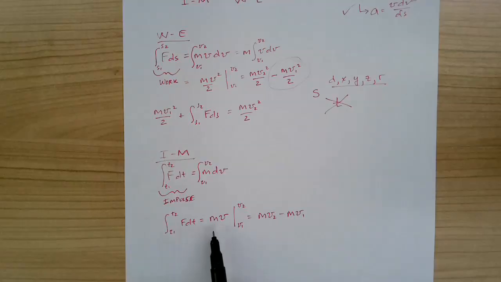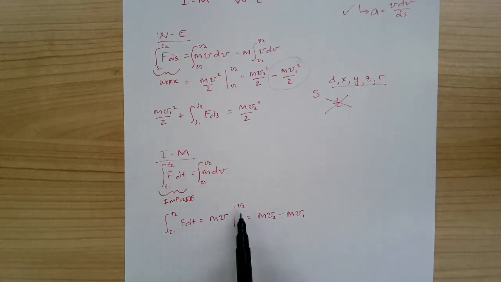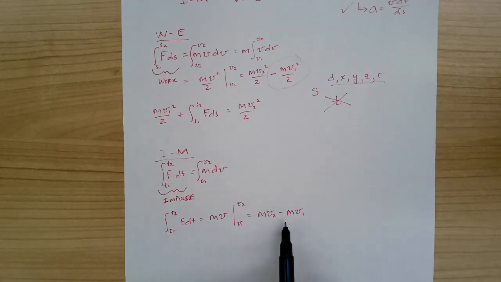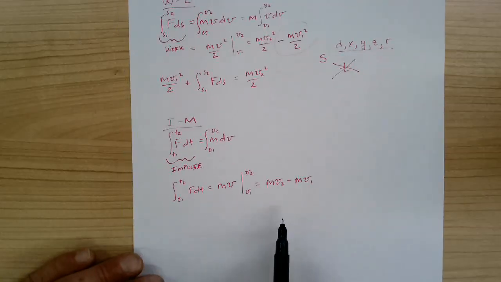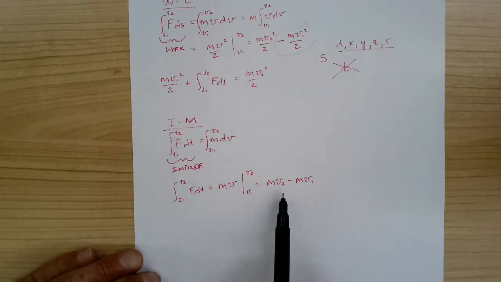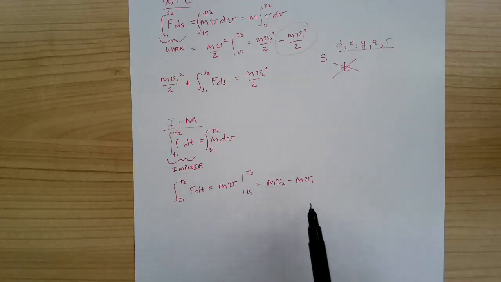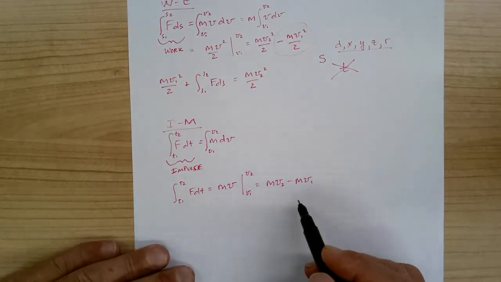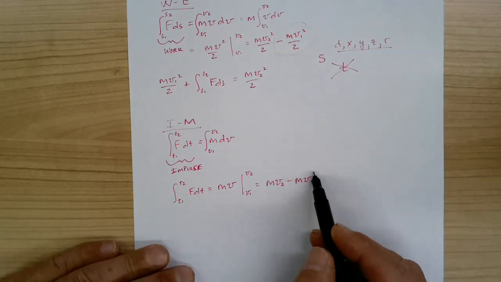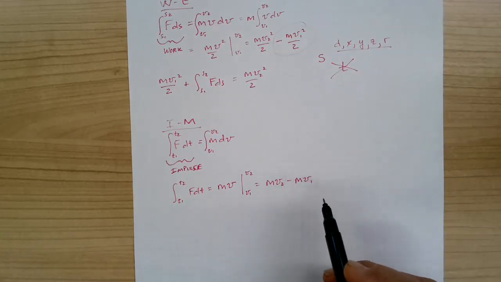Integral of F dt is equal to the integral of m dV. Leaving that impulse in that form, integral of F dt, and then integrating the other side from V1 to V2 gives us mV2 minus mV1. We call this momentum. This term is momentum at time 2. This is the momentum at time 1.